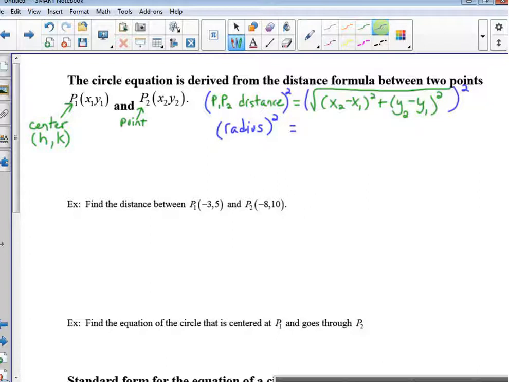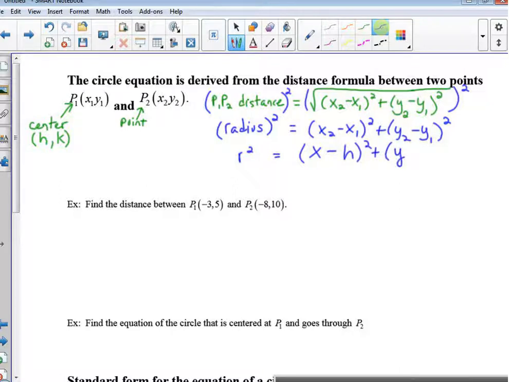So we end up with x2 minus x1 quantity squared plus y2 minus y1 quantity squared. And then remember your h, k, h represents x1, so your radius squared is equal to x2, which I'm just going to turn into x. x1 was equal to h.